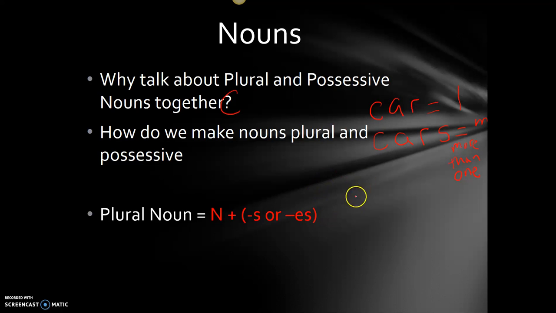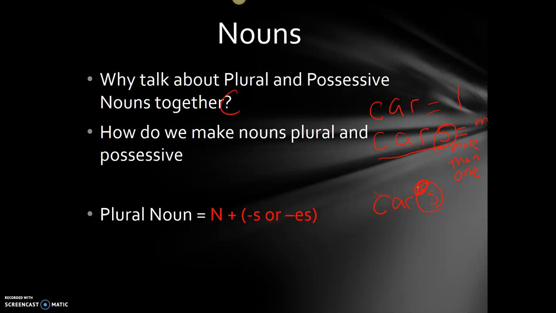But if we're going to make it possessive, like the car's headlights, the way that we do that is we add an apostrophe S. So the reason why we talk about these together is because of these little S's. We need to be careful with that S, because if we do it without the apostrophe, it makes the noun plural. When we add that apostrophe is key for making it possessive.